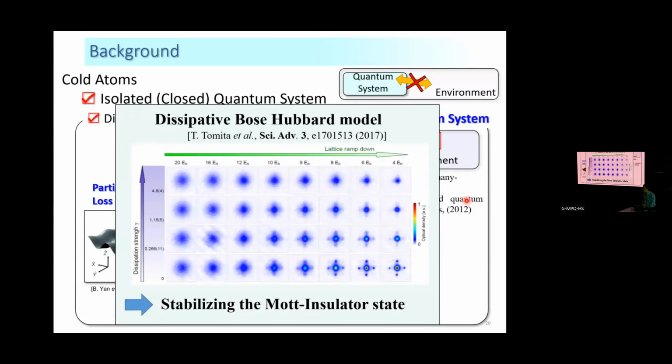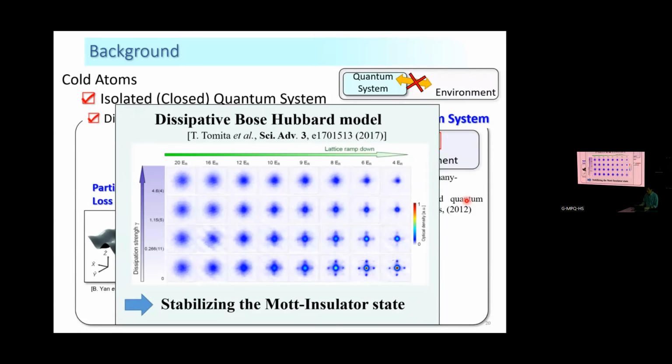And second, do you actually have atom loss when this occurs, or could it happen without atom loss, so you could even turn off the dissipation and then do a standard ramp down in the BEC?